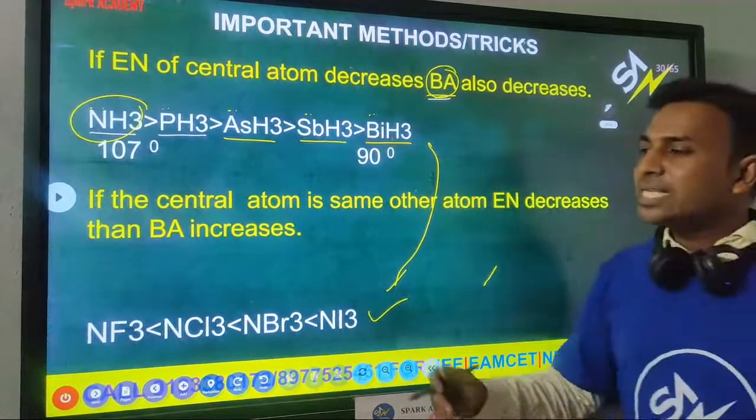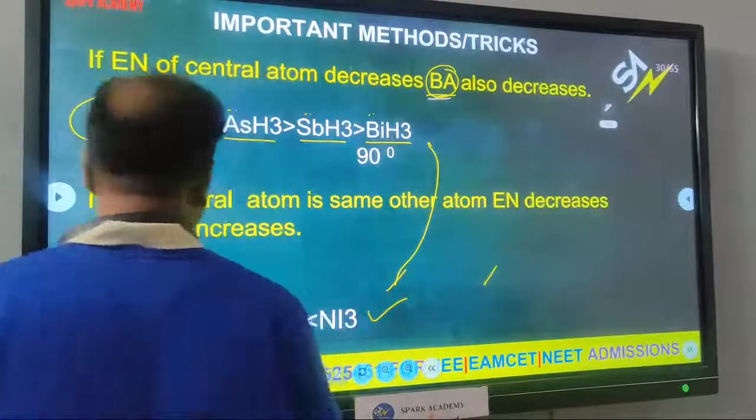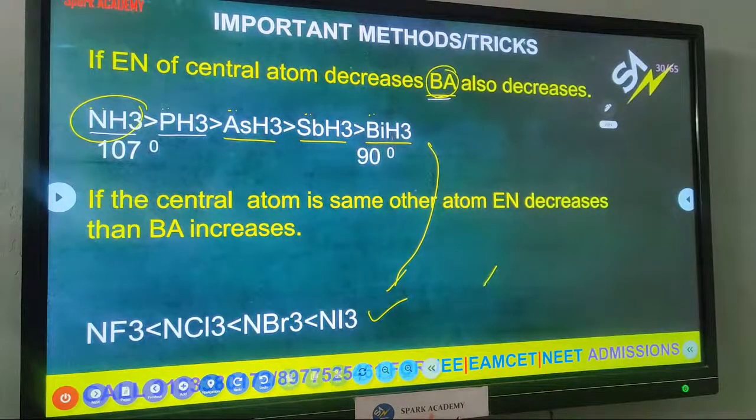But below, the central atom is the same, so its electronegativity is constant. Then we have to see the second atom. As the electronegativity of the second atom decreases, the bond angle increases. We have a chance to get a question in EAMCET from these two. If the electronegativity of the central atom decreases, the bond angle also decreases.